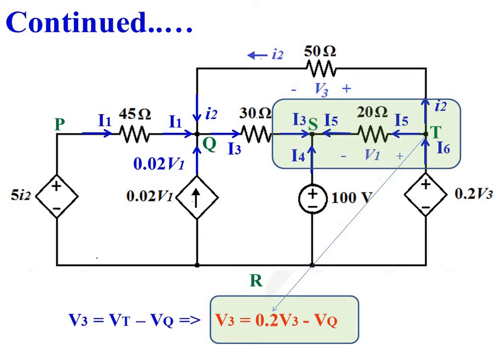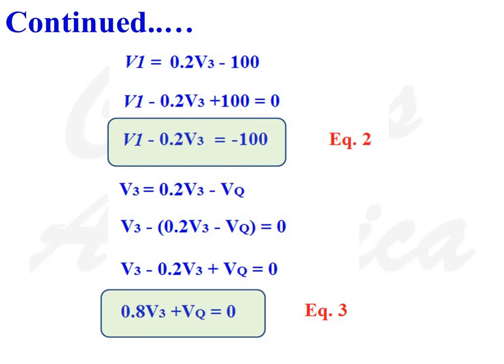So V3 is equal to 0.2 V3 minus Vq, as Vt is equal to 0.2 V3. So V1 minus 0.2 V3 plus 100 is equal to 0. So rearranging the terms, we can write V1 minus 0.2 V3 is equal to minus 100, equation number 2.